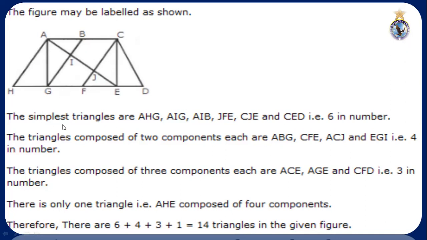Now let's see, the simplest triangles are. First we will count all those simplest ones. That is AGH. Can you see where is AGH? This one is the AGH, the leftmost one.